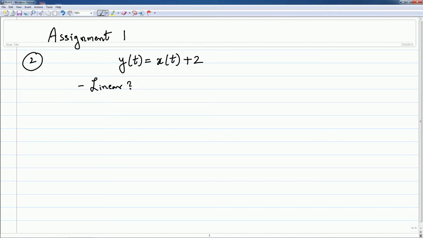So what is the mathematical definition of linearity? For linearity, you have to check for two properties. First is additivity and homogeneity.